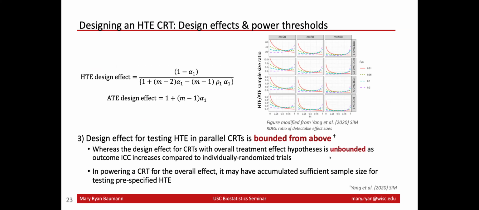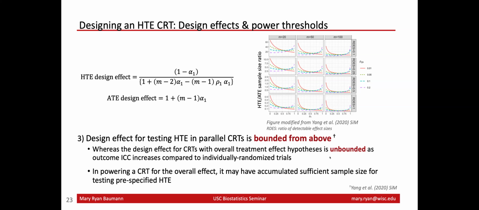And on top of that, when you compare the HTE design effect to the ATE design effect, we find that the design effect for the HTE in parallel CRTs is actually bounded from above, whereas the design effect for ATEs is unbounded.